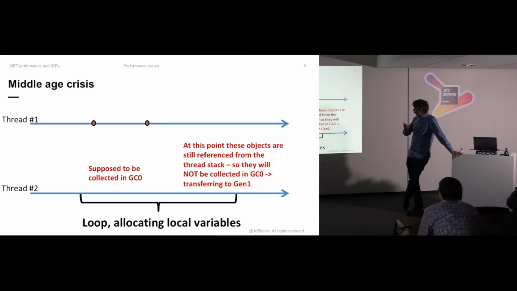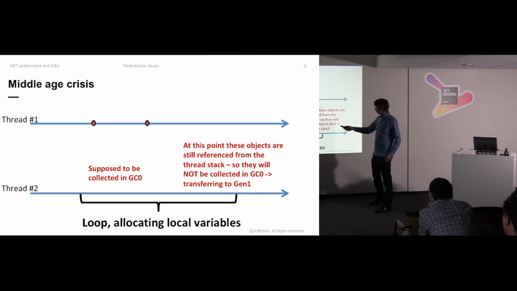So for example, you have a single-threaded application, and in this application, let's say in a for each loop, you allocate, I don't know, thousands of objects. These objects are temporal, they are local variables, they have to be collected in GC0. In a single-threaded application, here it's thread number 2, I allocate all these objects.